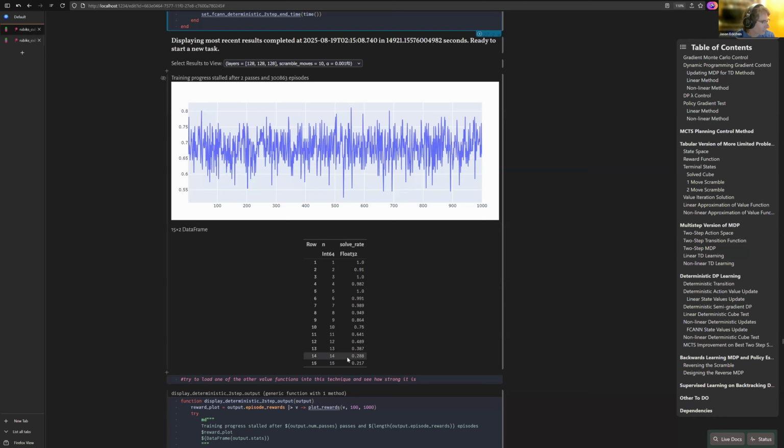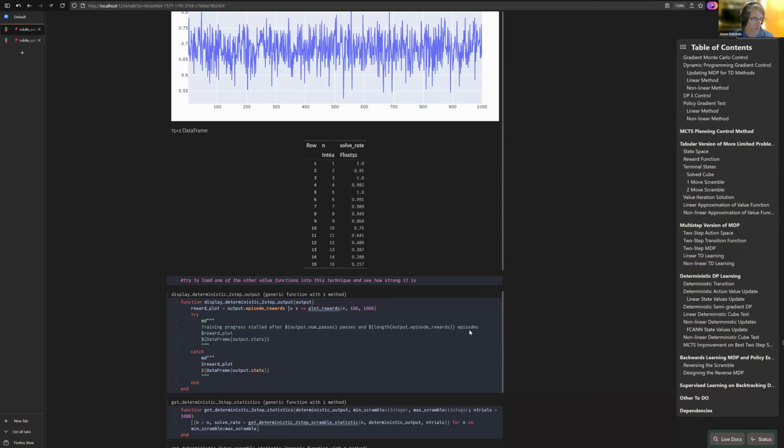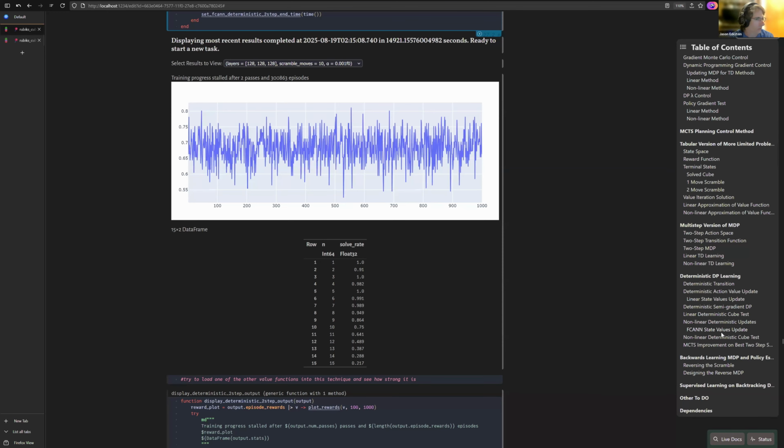And now we're actually getting into the range where, even though when we get to, let's say, 12, it only has a 50% success rate, we could either extend the training even more, and maybe with longer training it would have more success, or we can start enhancing it with some of these forward search methods like this Monte Carlo tree search I showed earlier.